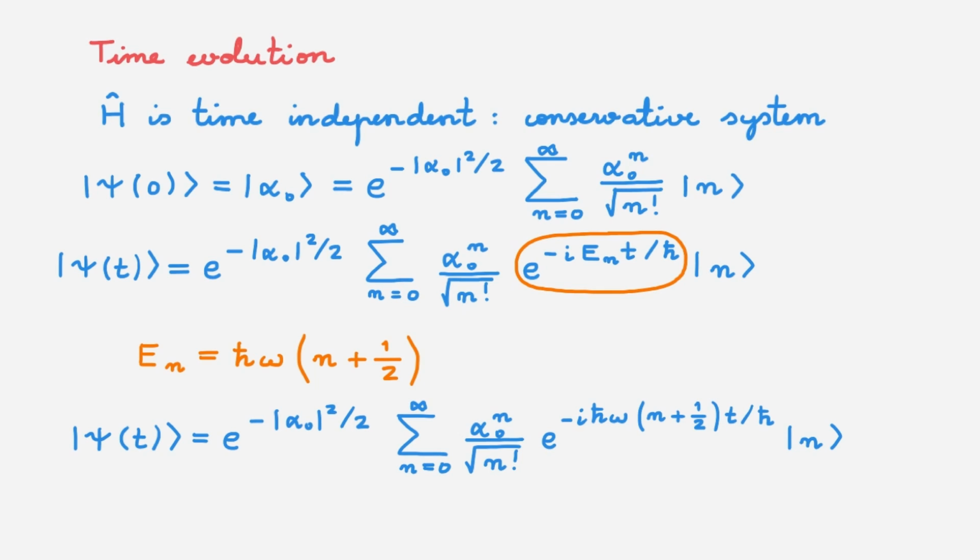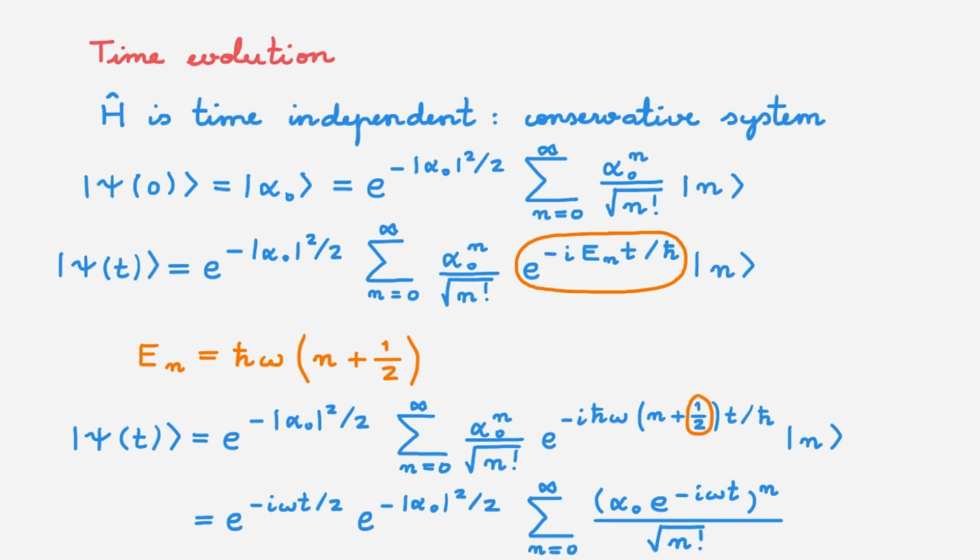The part of the exponent associated with its 1/2 here does not depend on n, so I can take it out of the sum, and then we have the usual prefactor, and then I am rearranging the remaining terms in the sum. Feel free to pause here for a moment if you want to cross-check this final step.